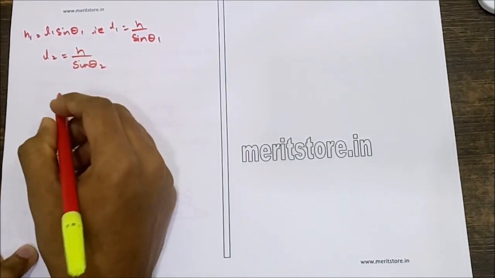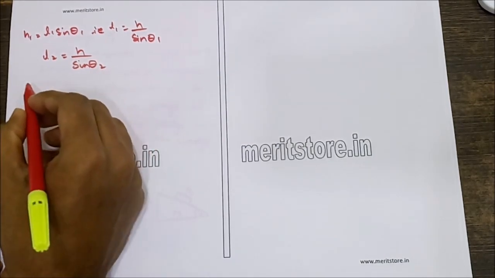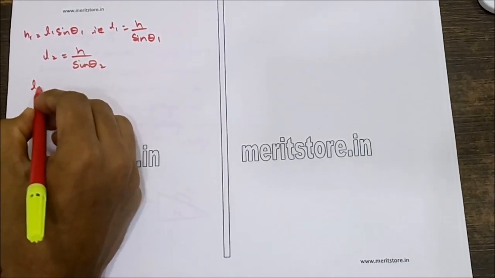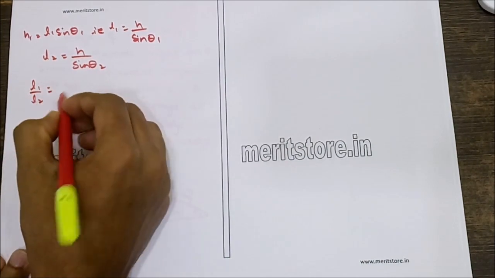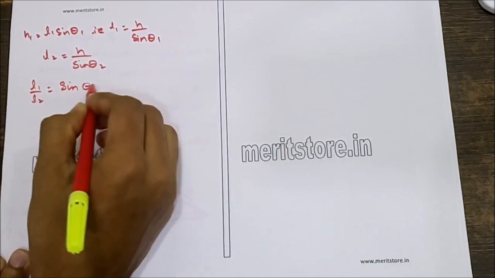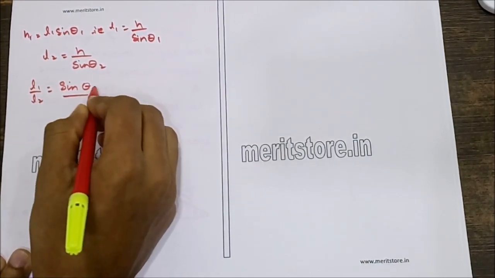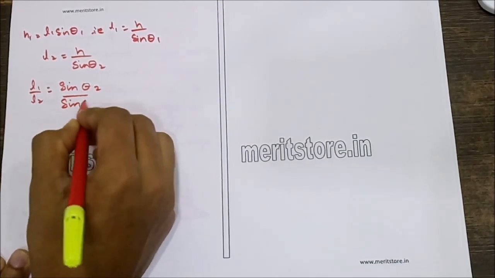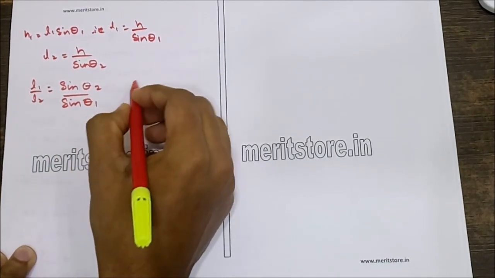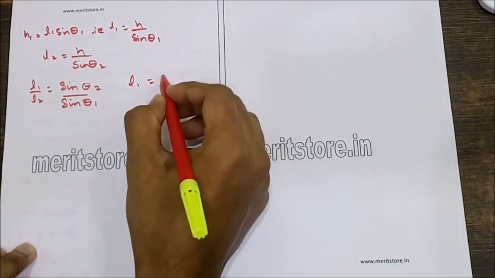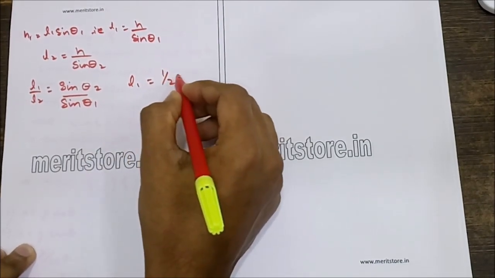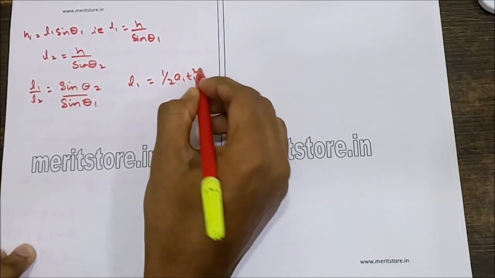Now L1 by L2 is equal to sine theta 2 upon sine theta 1, but L1 is nothing but half a1 t1 square.